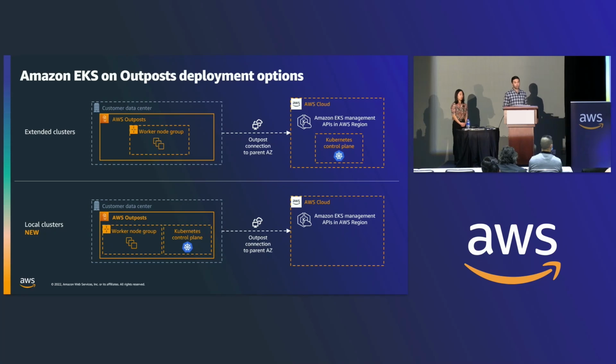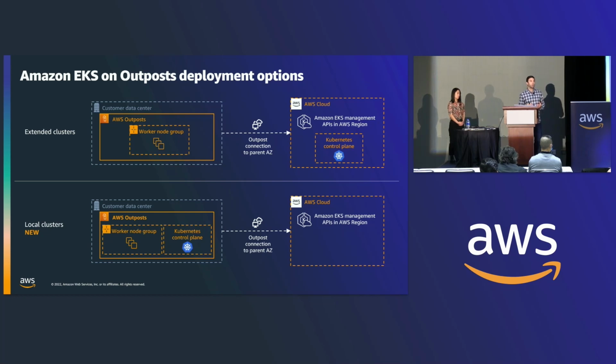And for this reason, we built local clusters, which deploys the entire Kubernetes cluster onto the Outpost to take that network failure domain out of the Kubernetes picture. And so now when your Outpost loses connection back up into the AWS region, that Kubernetes cluster on the Outpost is going to continue to run, and you can issue a subset of Kubernetes cluster operations even if your Outpost is disconnected from the cloud.